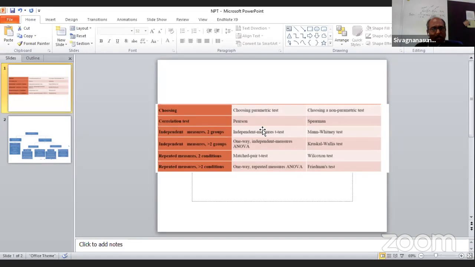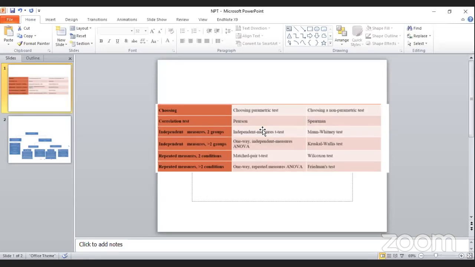The good textbook is Discovering Statistics Using SPSS by Andy Field. A-N-D-Y, Andy Field, F-I-E-L-D. Sir, any Indian author? No.